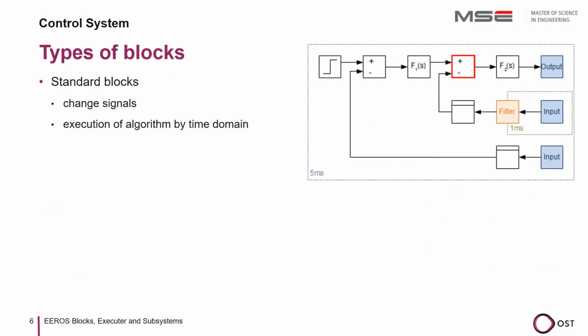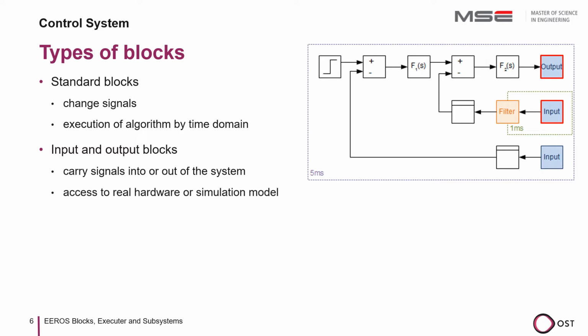As already mentioned, standard blocks change one or more signals and belong to exactly one time domain that controls the execution of the algorithm. Typical input blocks are simple sensor interfaces such as encoder inputs and analog or digital inputs, but also complex inputs such as those of multi-beam laser scanners. Output blocks are analog or digital outputs, but also complex outputs such as connections to servo drives via CAN or EtherCAT.